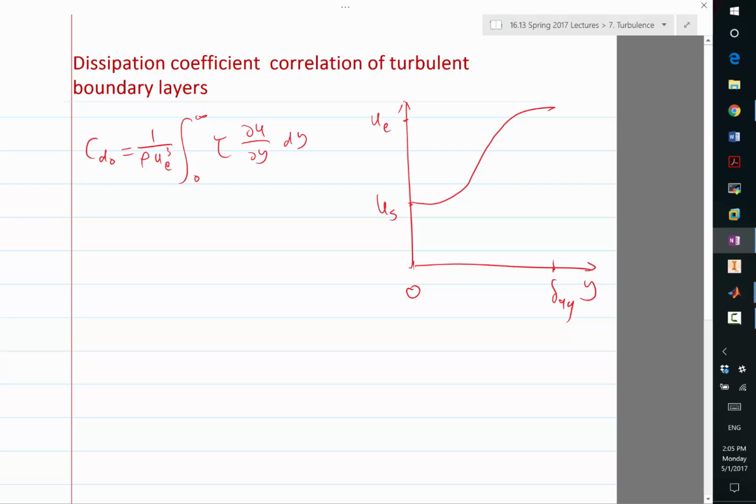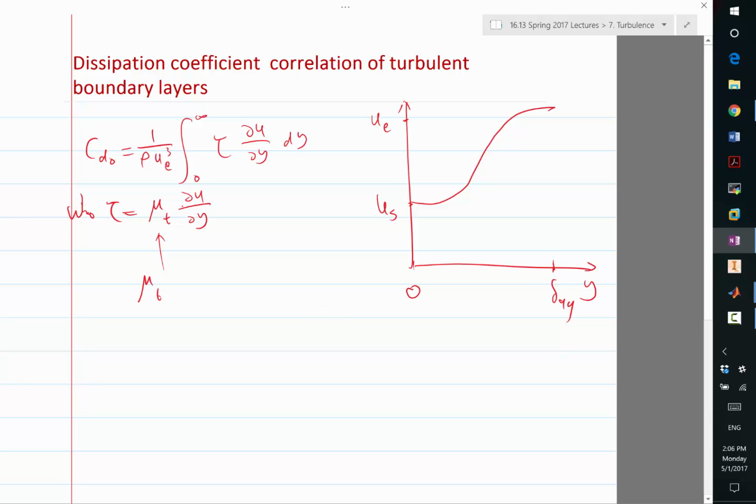So here we use the assumption of a constant eddy viscosity. We think of the eddy viscosity where tau is equal to mu turbulent times partial u partial y, and actually we don't assume a constant eddy viscosity, we assume a constant mixing length.